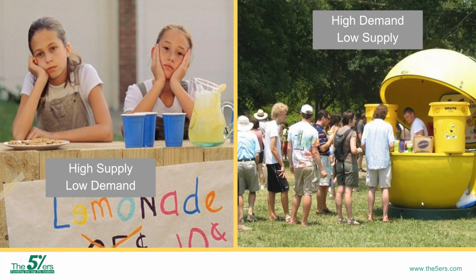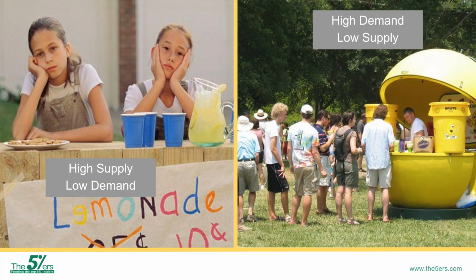But in the other situation, there are a lot of people who are very thirsty on a sunny, hot day, and there's only one place that sells a refreshment, and they stand in line. This guy can see the large demand for his product, and if it was a free market, he would be willing to raise his price, and probably people would still buy at a higher price.